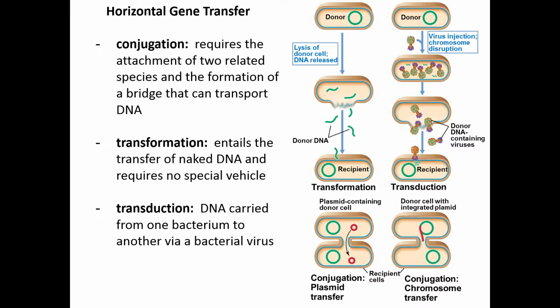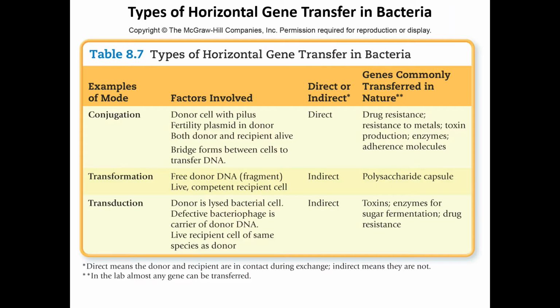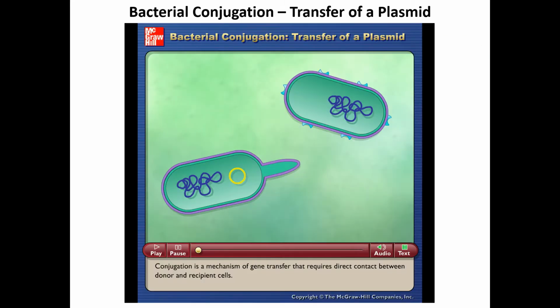All right, so we're going to walk through each of these types of horizontal gene transfer. This slide gives you a nice overview of conjugation, transformation, transduction. This kind of walks you through bacterial conjugation.